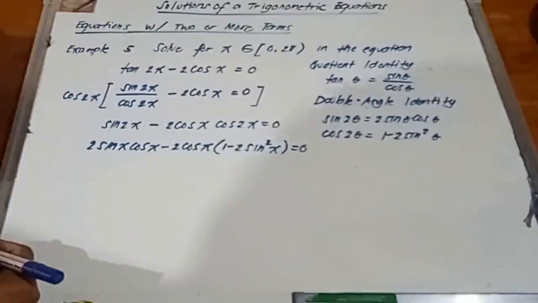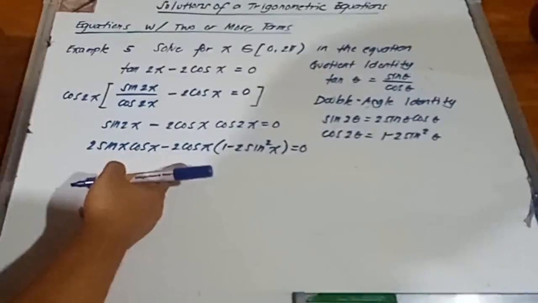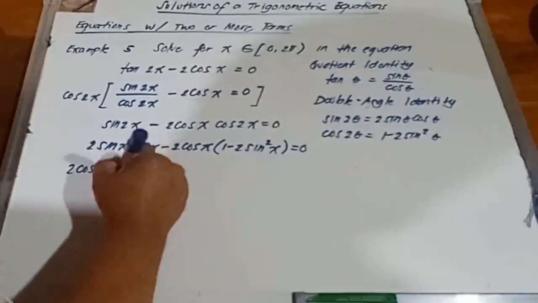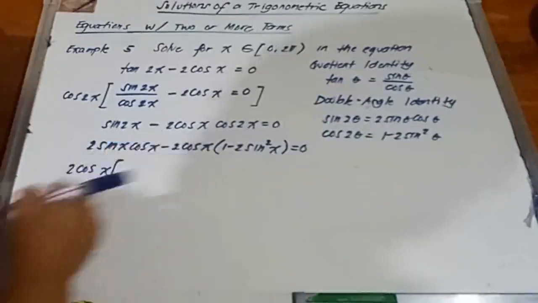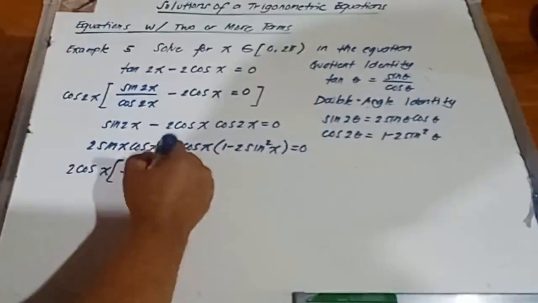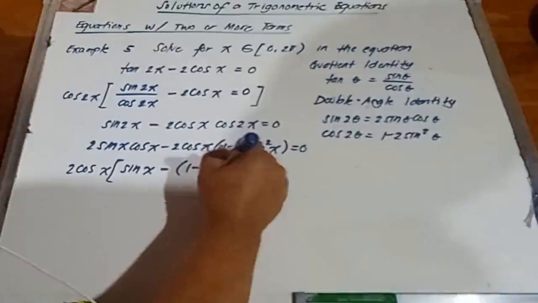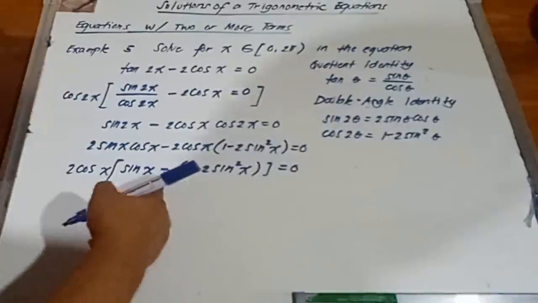And then, pwede natin ma-factor si 2 cosine x. So 2 cosine x, this will be sine x na lang dito, minus 1 minus 2 sine squared x, equal to 0.